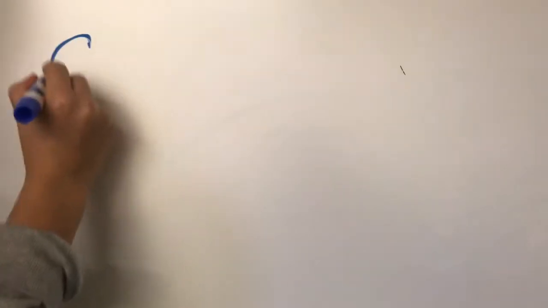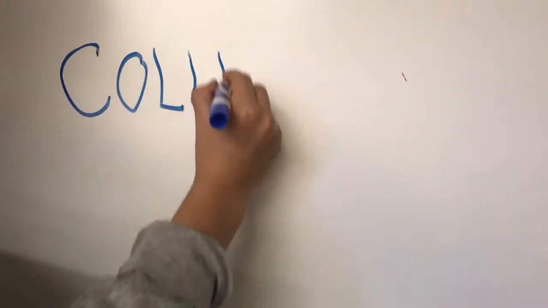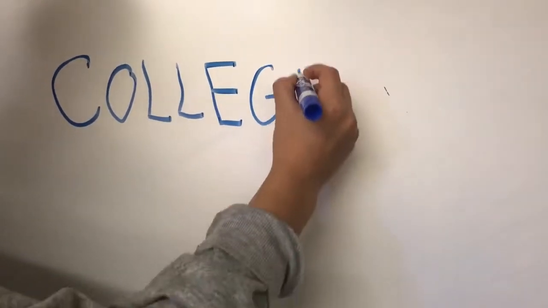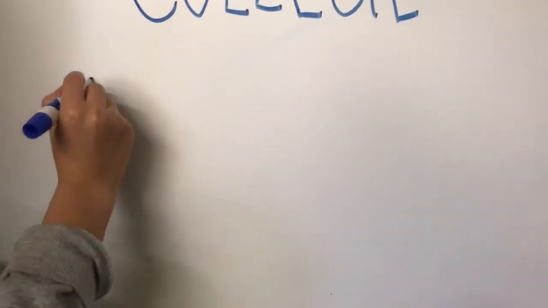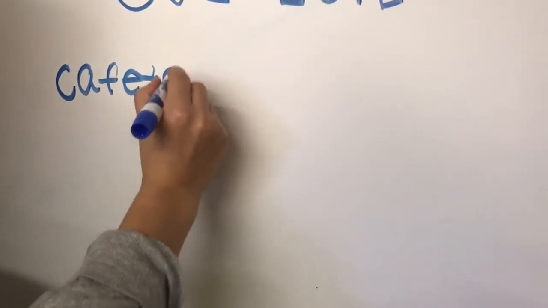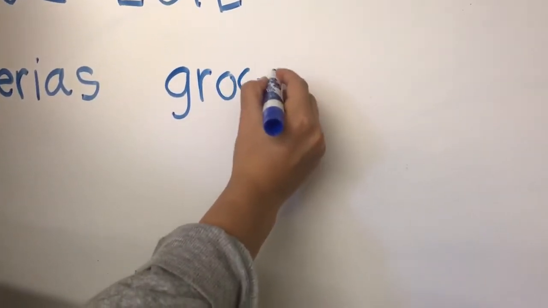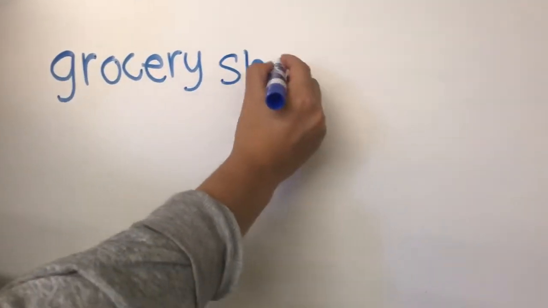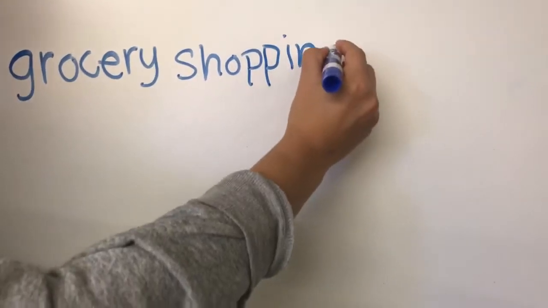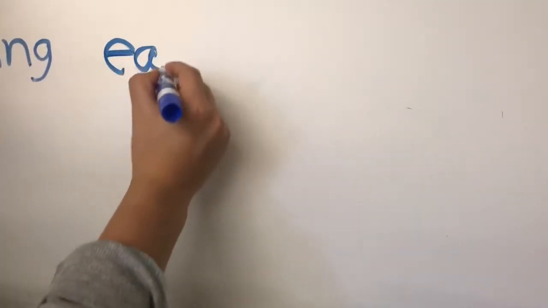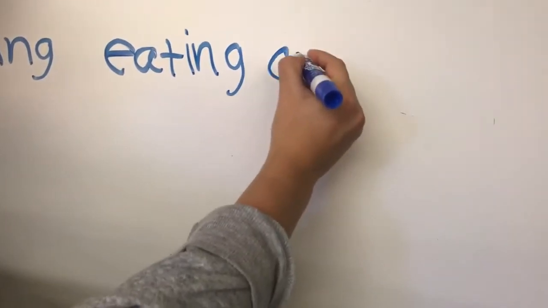Oh, it's terrible. When kids go to college, they have a lot of new freedoms. For the first time in a lot of their lives, they can decide when to go to bed, when to wake up, and what to eat. For some, this means choosing between cafeteria options, and for others, this means grocery shopping on their own or eating out, which most of the time is on a very low budget.